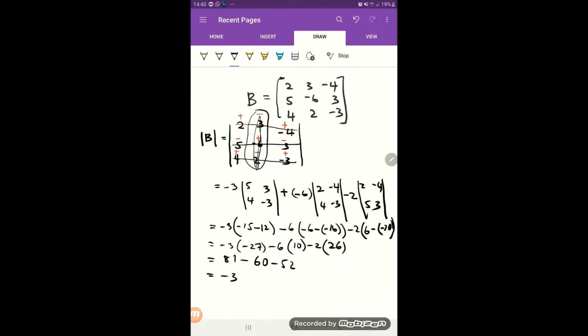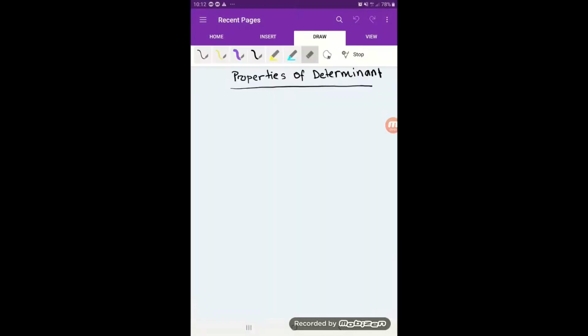The answer is negative 31. Properties of determinants. Property 1.